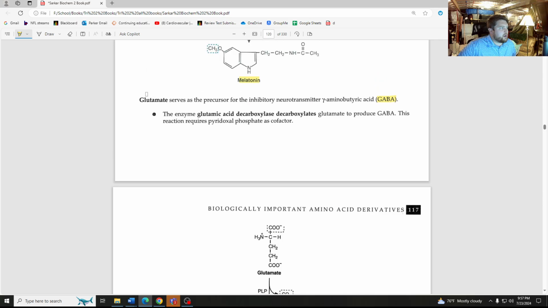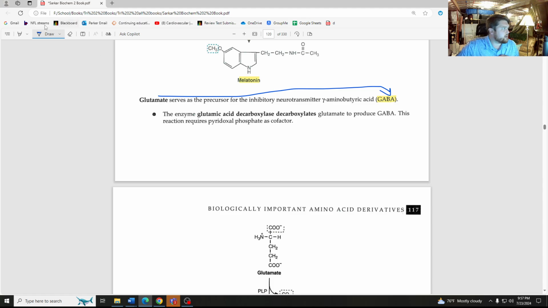So things we'll want to know: glutamate gets turned into GABA. Remember, in the spinal cord we talked about glutamate activates. That was more in physiology. Typically glutamate by itself is an excitatory neurotransmitter. When it gets decarboxylated, it turns into GABA, which is an inhibitory one.